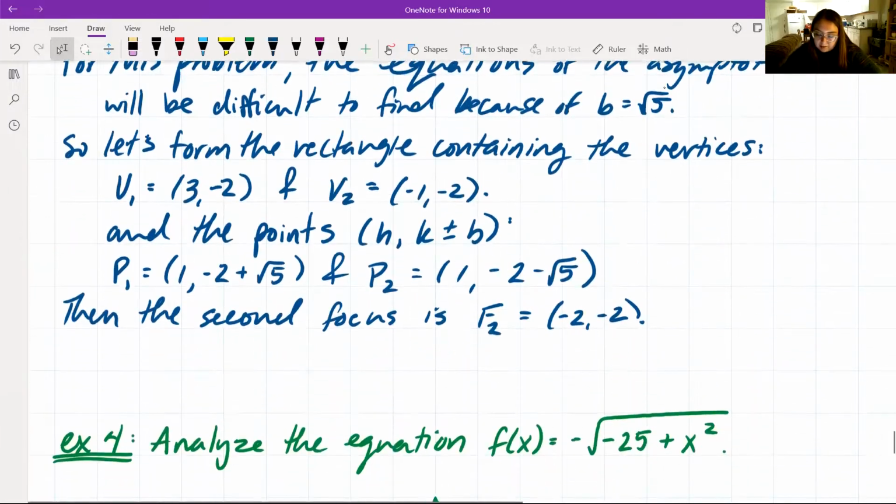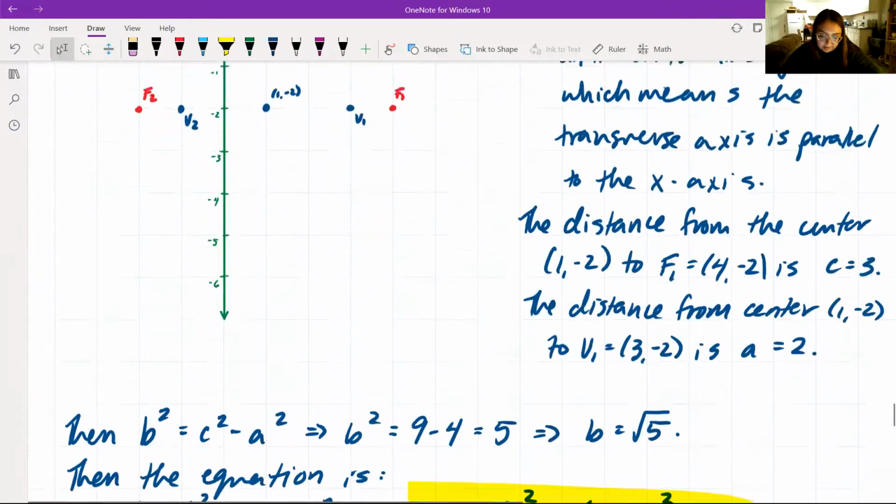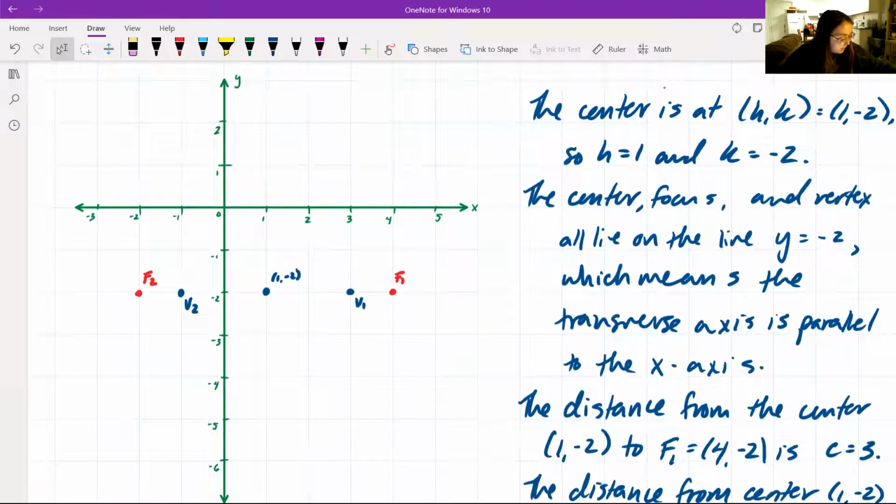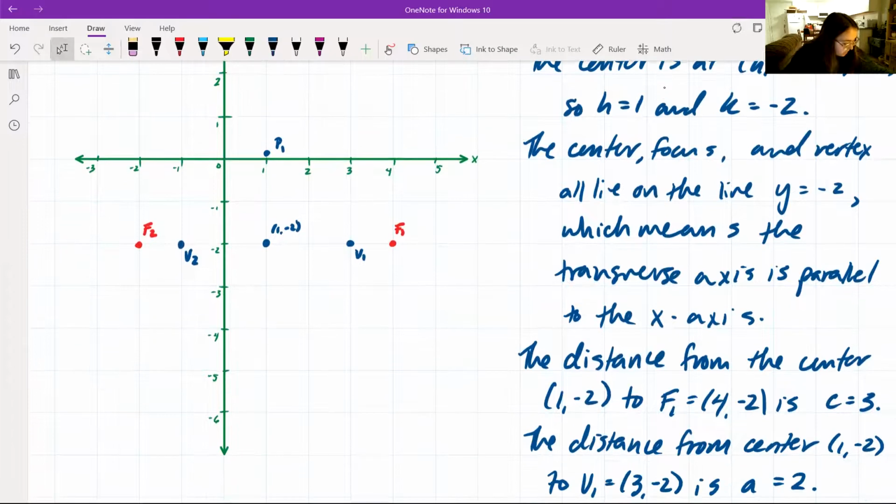Now we want to mark P1 and P2. So P1 is actually going to be a value just barely greater than 0. It's going to be about 0.2. So it'll go in right here. This is P1. And then our value of P2 is going to be just barely less than -4. So it'll be about -4.2. So our point will be about right here, P2.